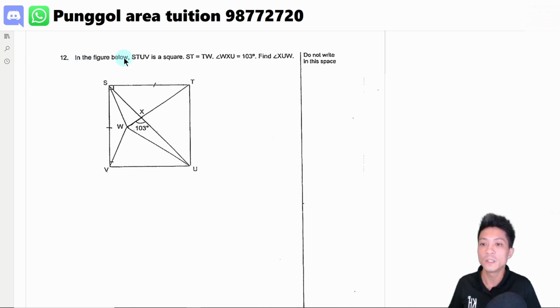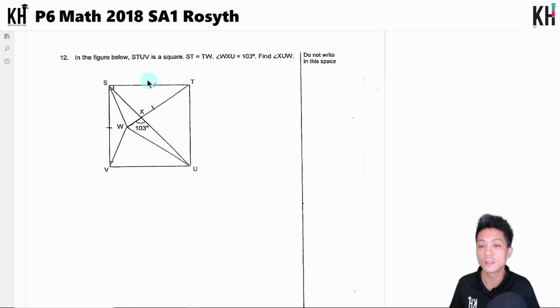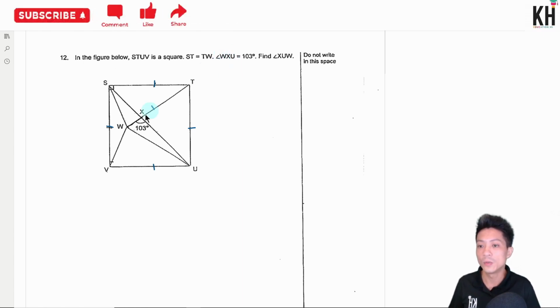Question 12. In the figure below, STUV is a square, so this is a square. ST is equal to TW. So this is equal, we draw just a single line, this is equal to this, equal and equal. Angle WXU is 103.